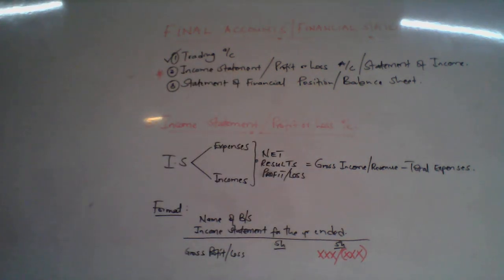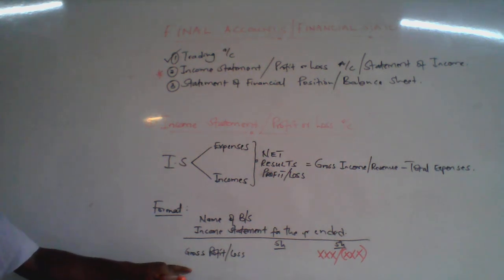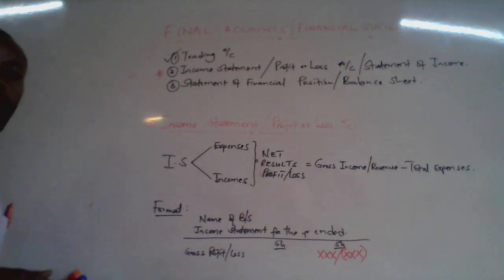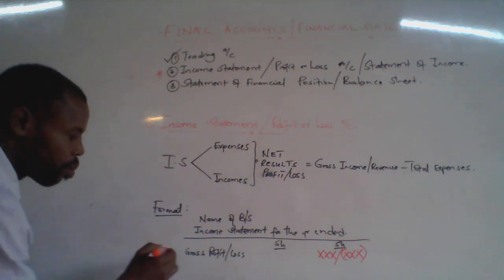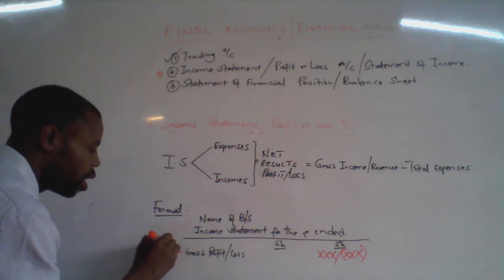If it is a loss, it is in brackets. In the income statement, you always begin with the gross profit or the gross results, and this always comes from the trading account.